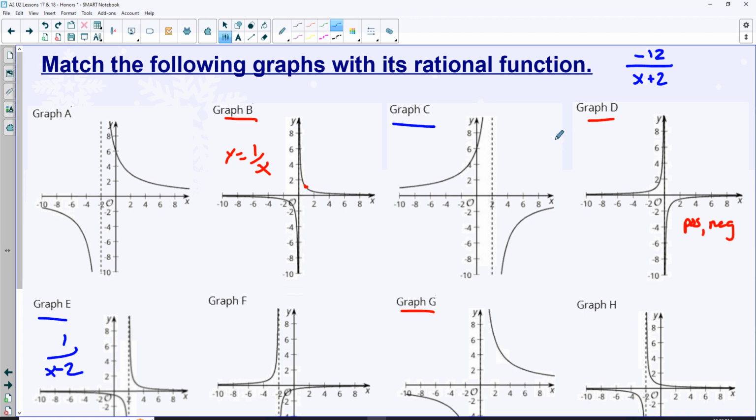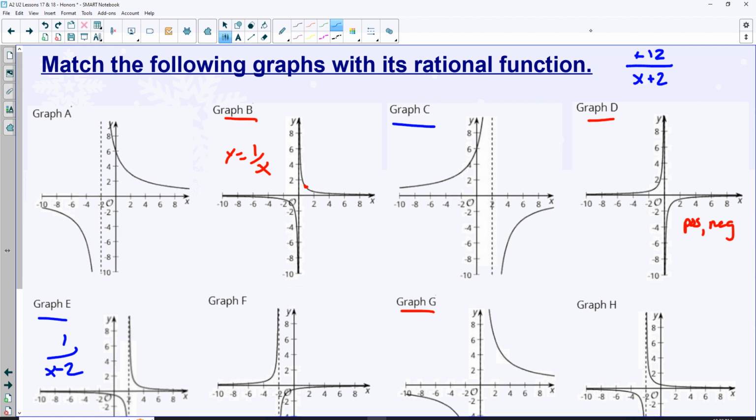Actually, I think we'll do positive 12 for this one, because I do not believe that this one actually has a graph. So we'll do positive 12.